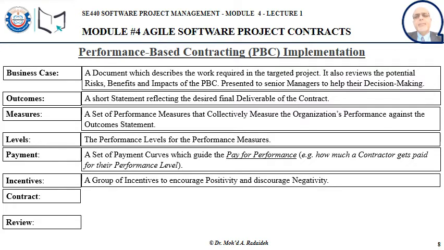If they come up with something between 50% and 80%, we pay them 50% of the payment. Below 50%, we won't pay them anything, and we may say we don't want the software or the system from you. If they come up with the higher category, something better than what we asked for, by up to 30%, then we will pay them 10% extra. Beyond 30%, we may say we'll pay them 20% extra, and so on. That's what we mean by associating the payments and incentives with the performance levels.